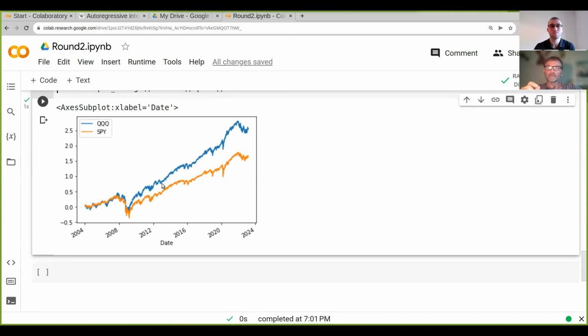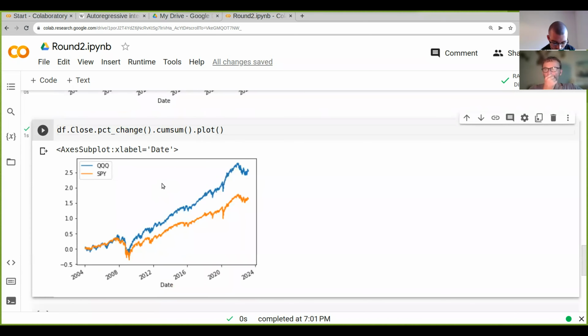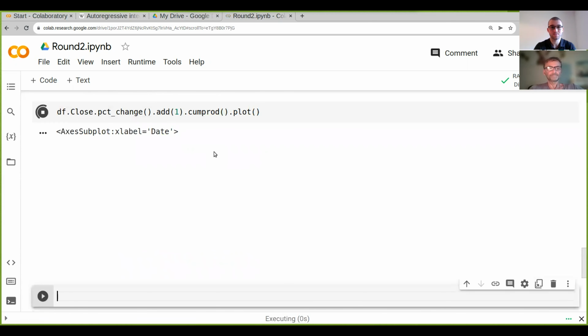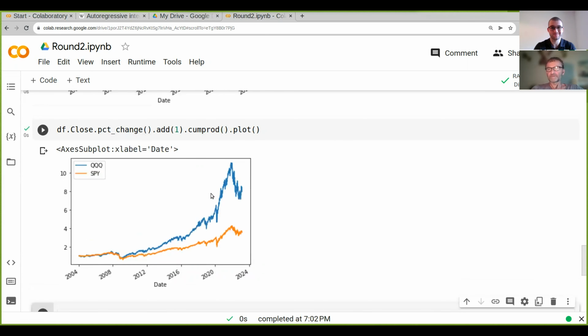There's a reason for that, but we could also turn this into something that looks much more like the price series. Instead of using the cumulative sum, we can use the cumulative product. But we need to add 1, because when we have the returns and we multiply them all, and they're all like zeros, they go to 0 straight away. But if we add 1 and then use the cumulative product, you see this.